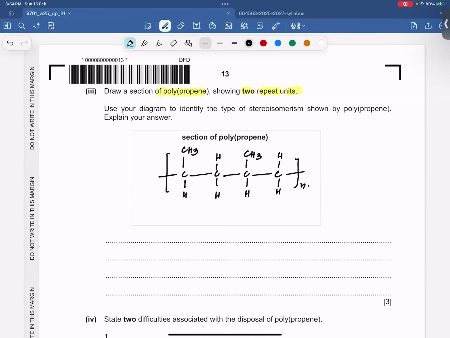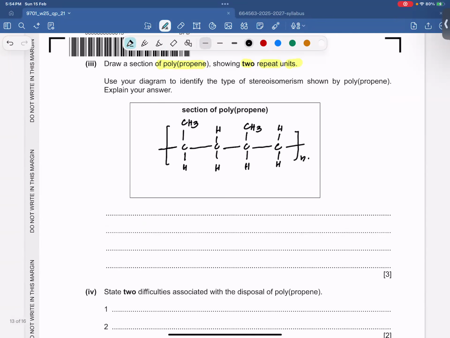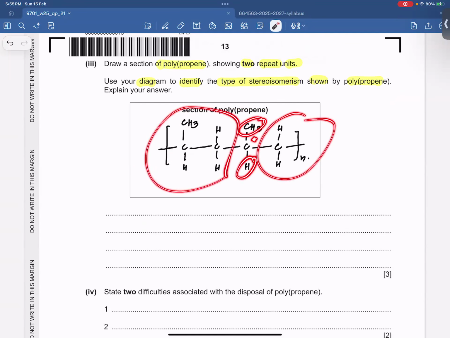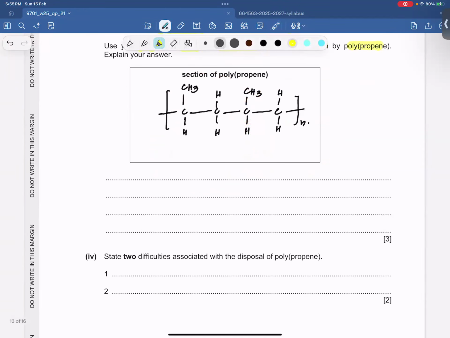Okay. Under the diagram, identify the type of stereoisomerism shown by polypropene. This is going to be the chiral carbon atom: first group, second group, this is going to be the third, and this is going to be the fourth group. Okay. This is also a chiral carbon atom. This is first group, this is second, this is third, this entire thing is fourth group. So optical isomerism.